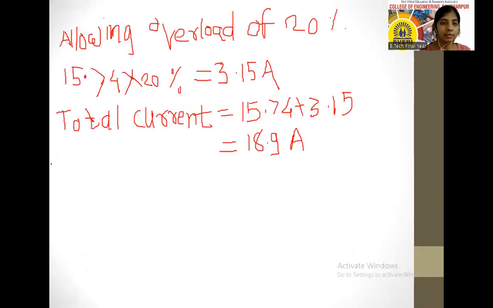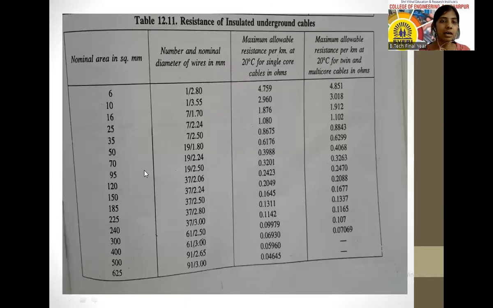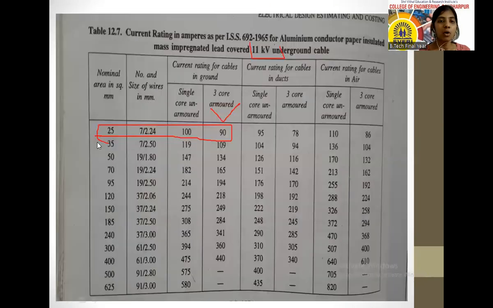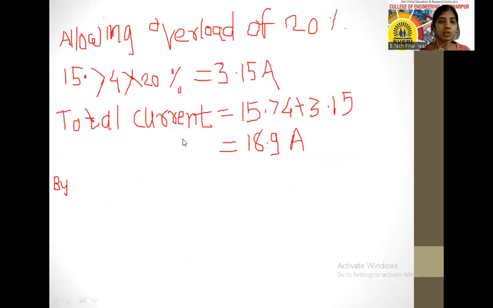By referring to the table, this sentence you all know, because of the time limitation I will not tell. By referring the table, we can select the conductor size of 25 square mm, 3-core armored aluminum conductor. So in this way you can write the sentence.